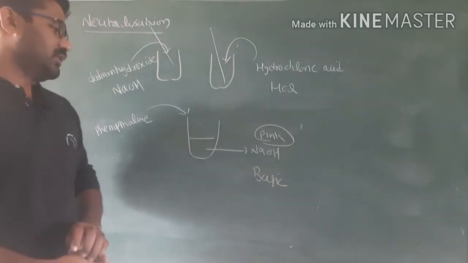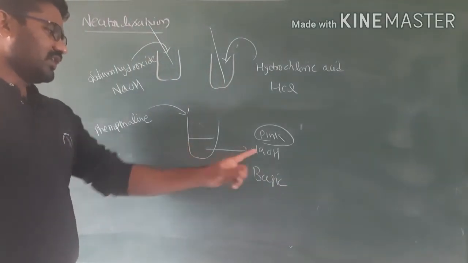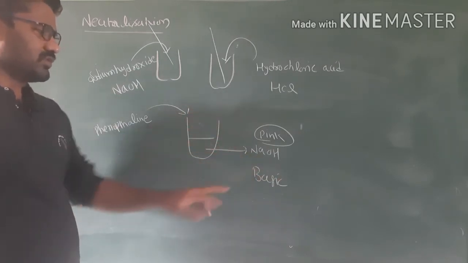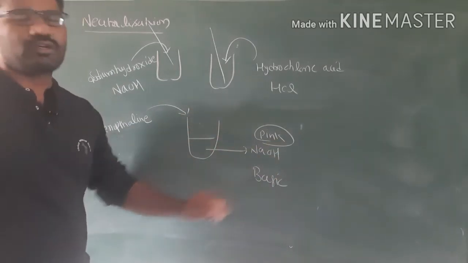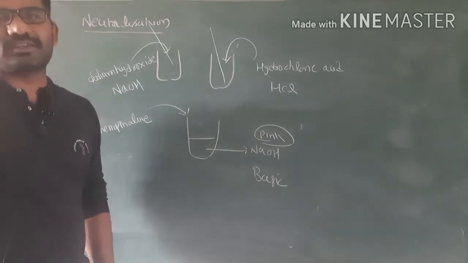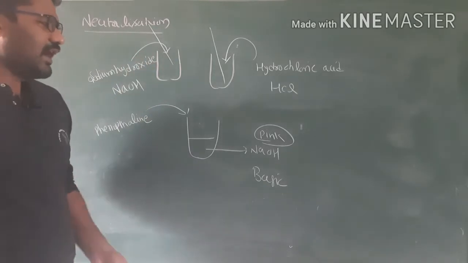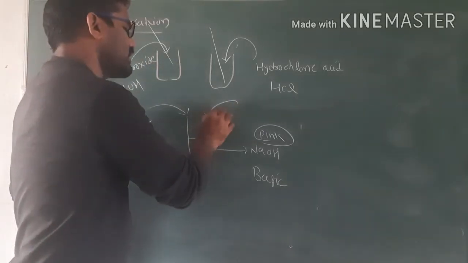I repeat, if you take sodium hydroxide solution in a beaker and add phenolphthalein indicator to it, the entire solution turns pink, which indicates that sodium hydroxide is basic in nature. Now start adding hydrochloric acid to it.